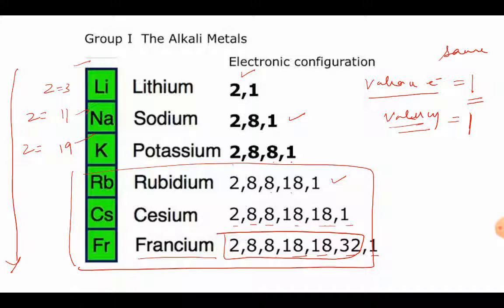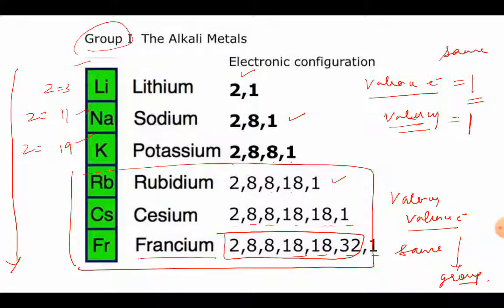So now we all can say that valency and the valence electrons remain the same when we go in a vertical column or in a particular group. So in case of group 1, the valency of all the elements will be 1.